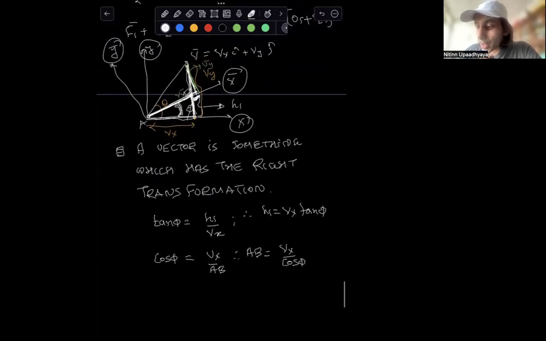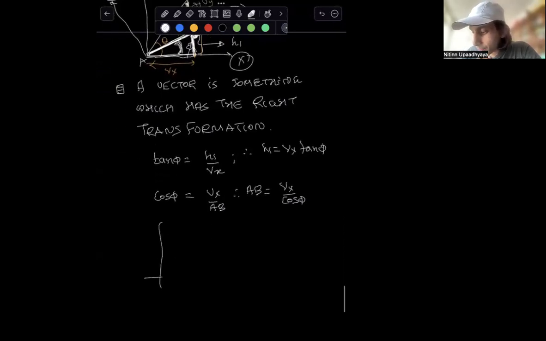Now we know this h1. Maybe I can draw this figure again. We have this new coordinate system here, then we have our vector here. We have this length, this angle is phi, and this original angle is theta. We are calling this AB. Let me label this as C. This height we know is h1, and we've already figured out what this is.